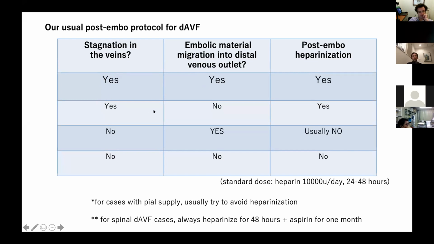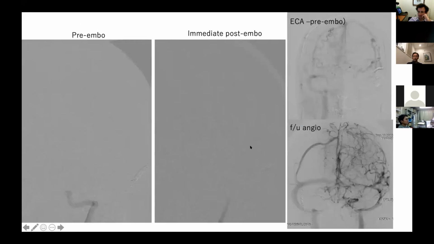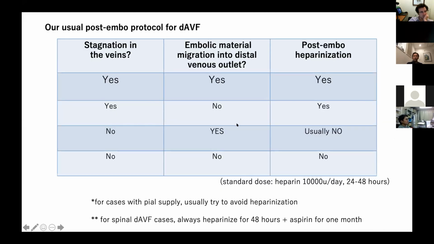Also stagnation with no venous, like we had for this one, we would put a yes. But for this case, sorry. So if we don't have any stagnations in the vein, usually we don't put any heparin afterwards. But for spinal AVFs, we usually heparinize these patients for like 40 to 48 hours. But for this case, we did 48 hours, but still it wasn't really enough.